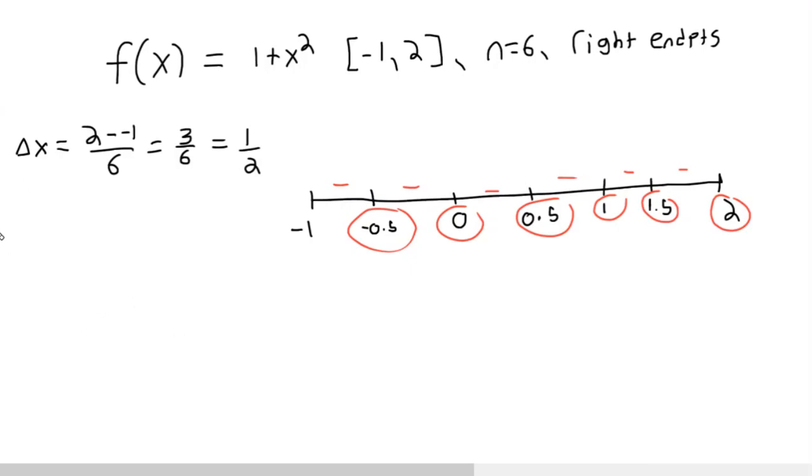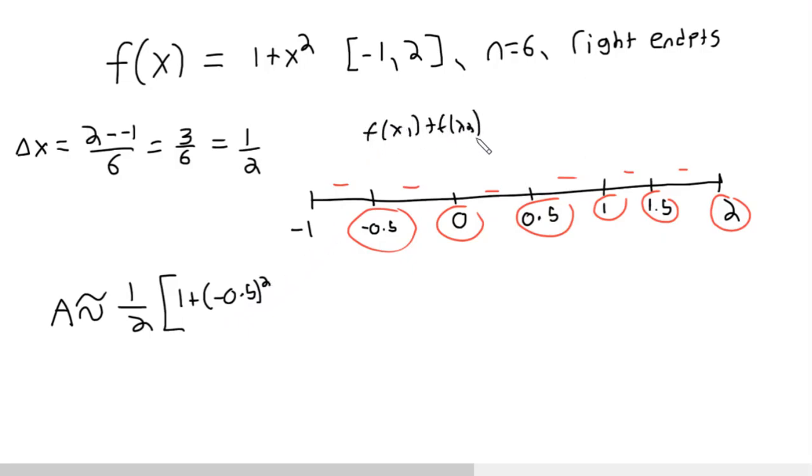So now let's just put it all together. So my area, it's about 1/2 and then times, well, 1 plus negative 0.5 squared. Again, remember it's f of x1 plus f of x2 and so on and so forth. Well, my f function here is 1 plus x squared.